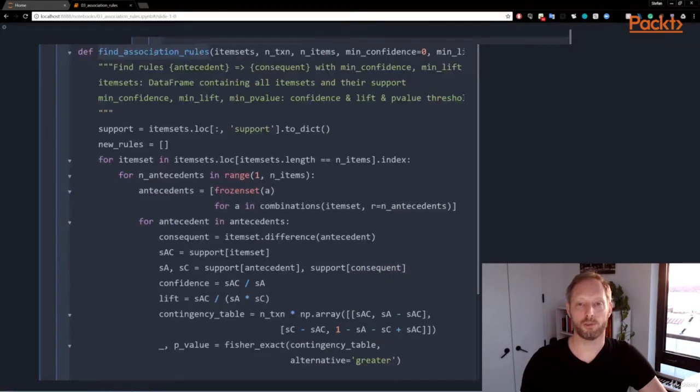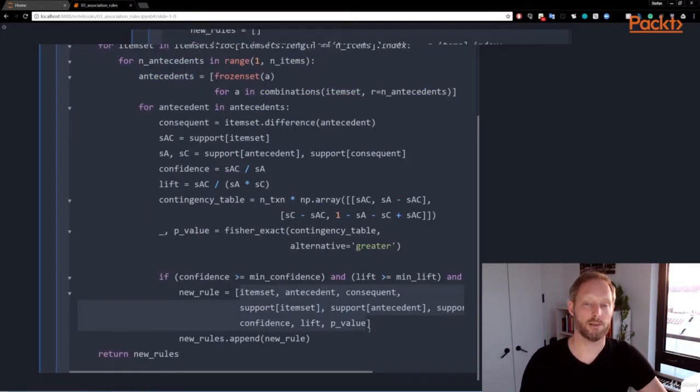And you will learn how to implement this technique, how the algorithm behind the scenes works, because that is important for the interpretation of the results.